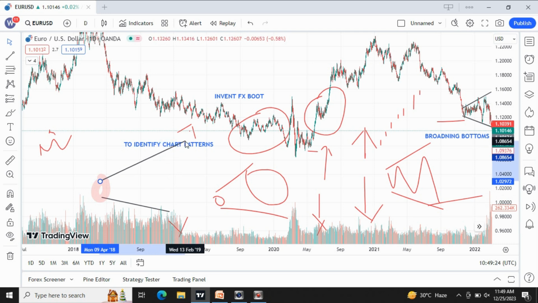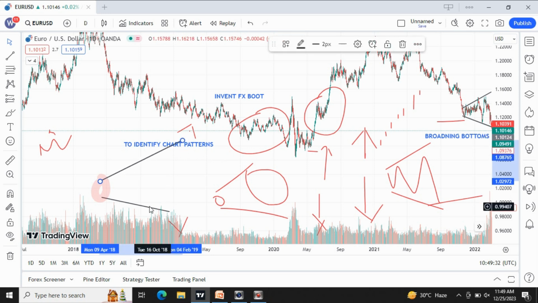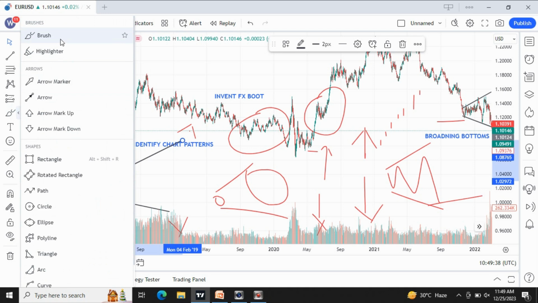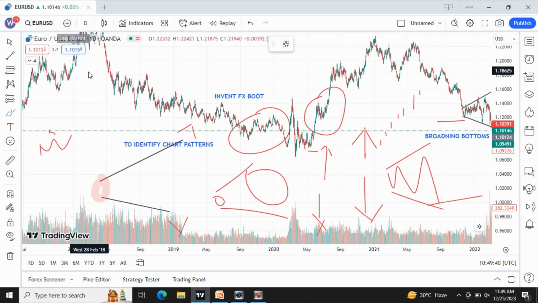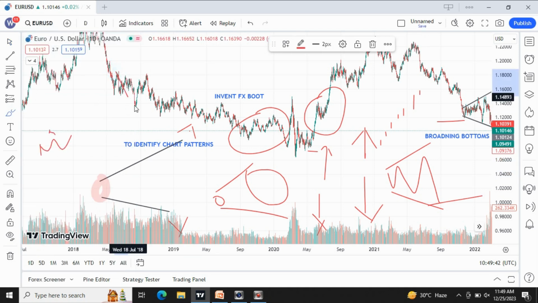Then let's talk about trend lines. Price follows two trend lines. The other time I was talking about this, I told you about price trend and trend line. There's a difference between the price trend and trend lines.